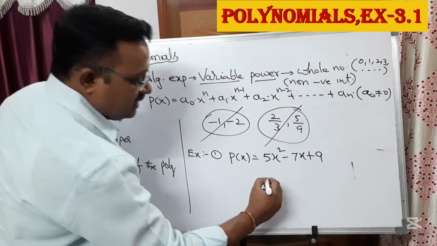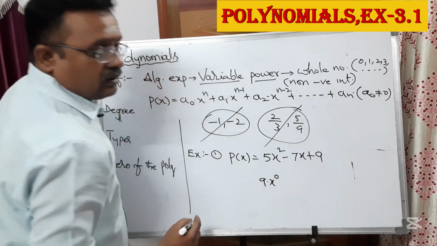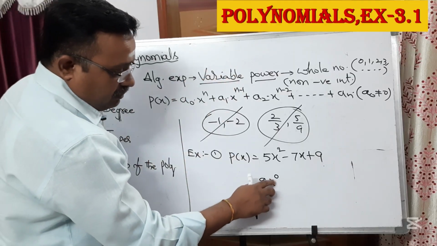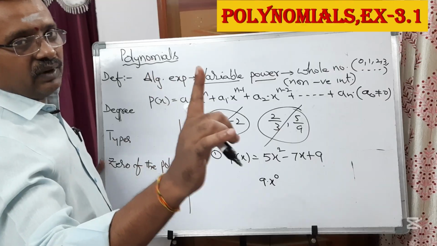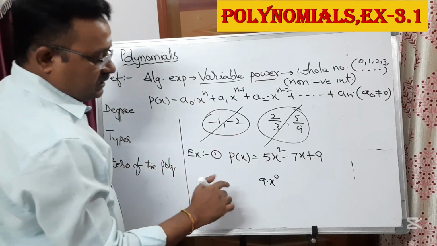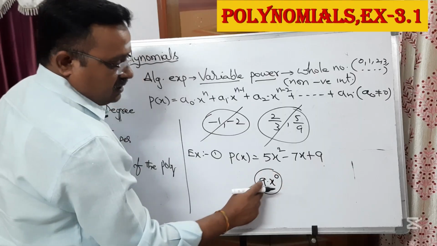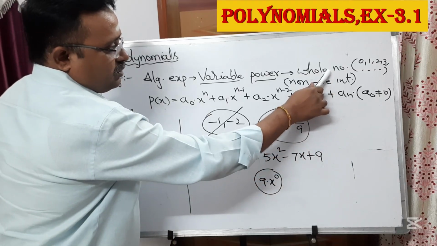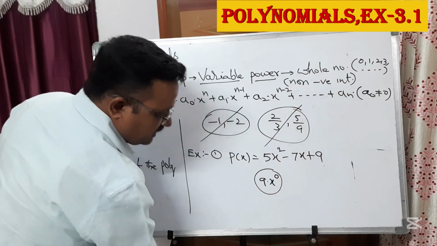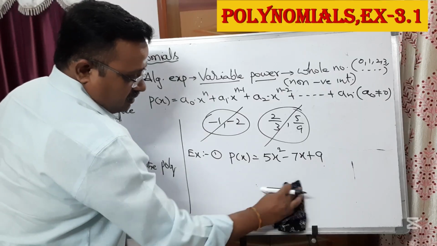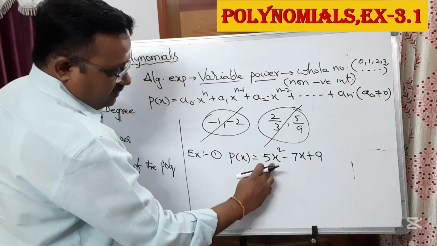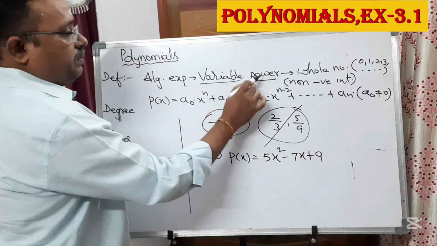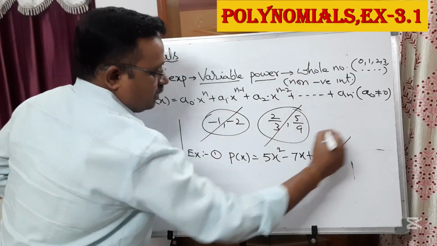We can consider it as 9 multiplied by x power 0, because something power 0 is treated as 1. That's why 9 into 1 is taken as 9. So the variable power is 0, which is a whole number. So in this condition, the algebraic expression 5x square minus 7x plus 9 has variable powers as whole numbers. That's why this is a polynomial.